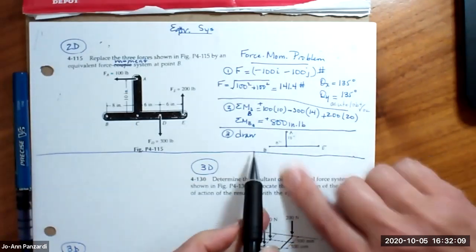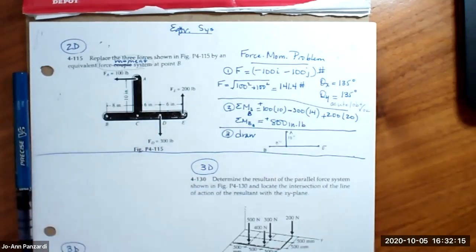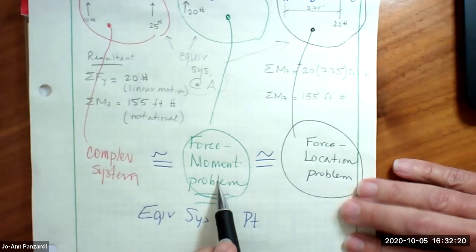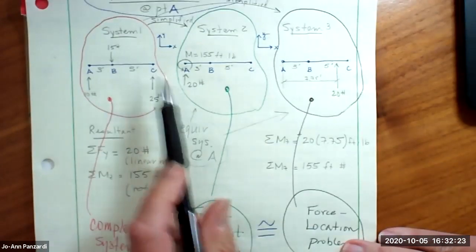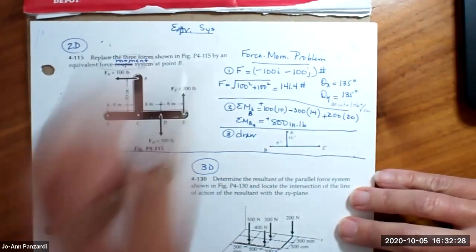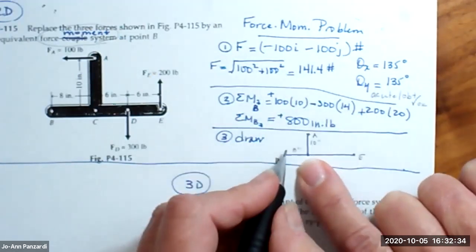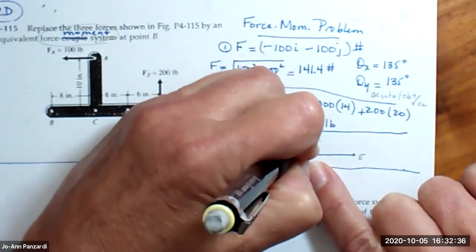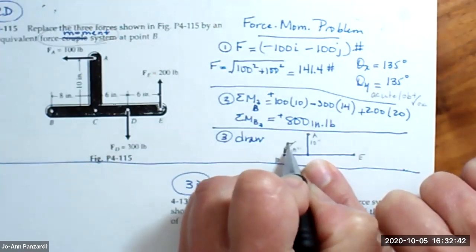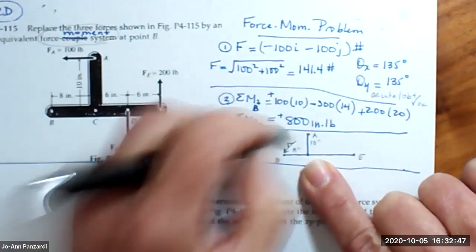And what I learned is, because this is a force moment system problem, go back to our example, in a force moment problem, I am going to draw the force and the moment at the point that was in question. The point in question was B. So at point B, I'm going to draw the force, and we know it's going in the negative direction. It's going in the negative x and the negative y direction. And I could put my angle here if I want.